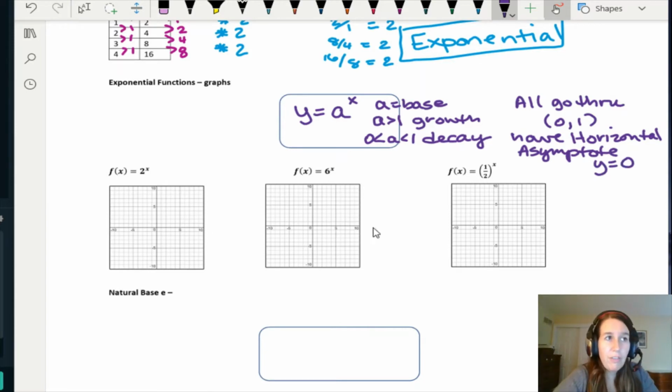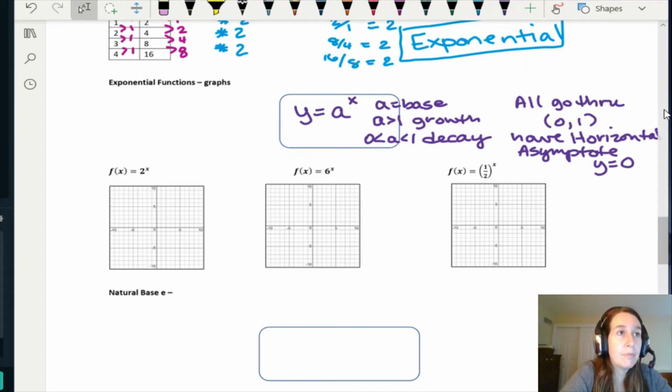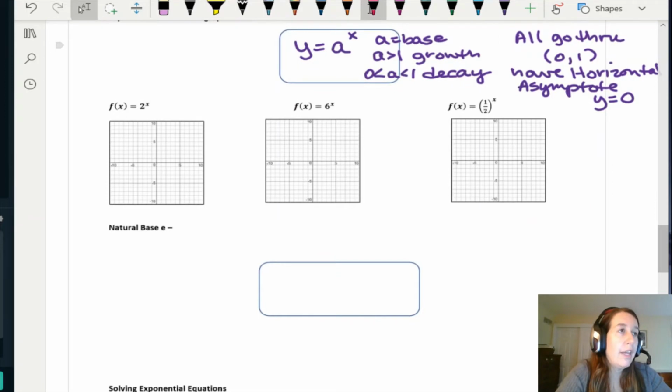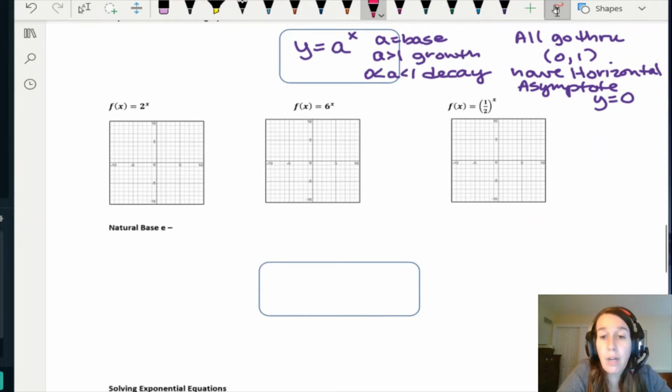When we look at a few examples, I think you'll see why that is. And we will talk about what other points graphs always have. So let's do a few graphs. And I want you to basically graph these using a table.